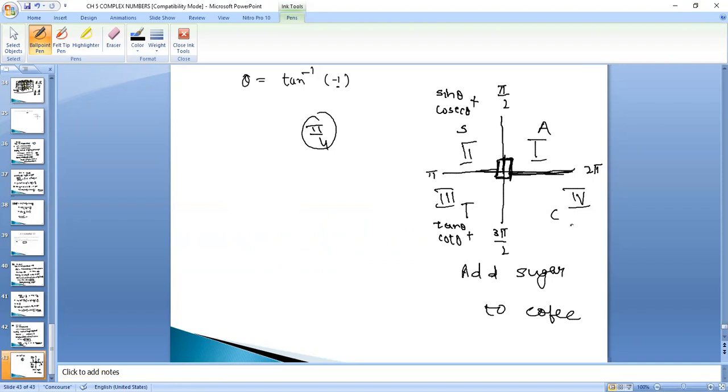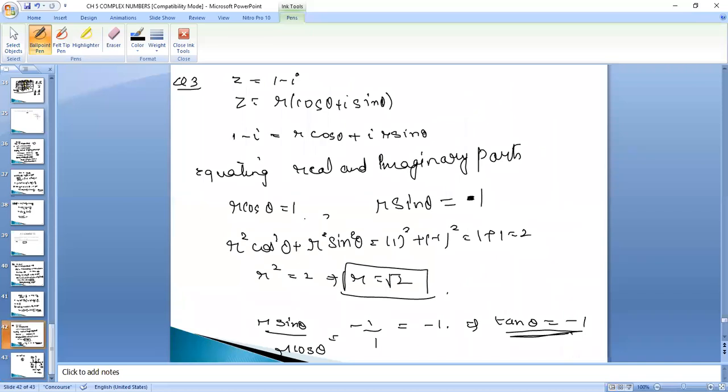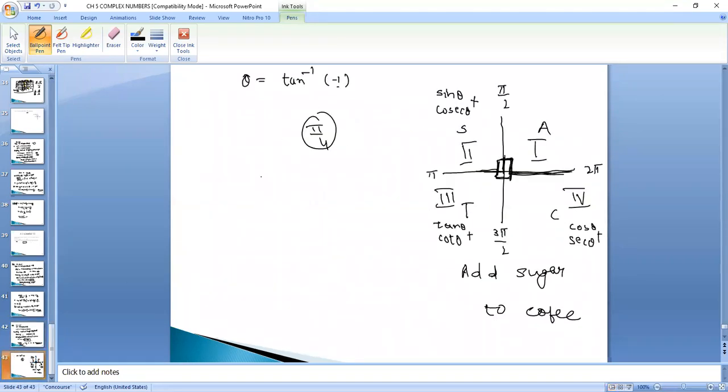And in the fourth, cos theta and secant theta are positive, and rest all negative. Now we will check. Cos theta is positive, sin theta is negative, and tan theta is negative. So cos theta should be positive, sin theta negative, tan theta negative, right?